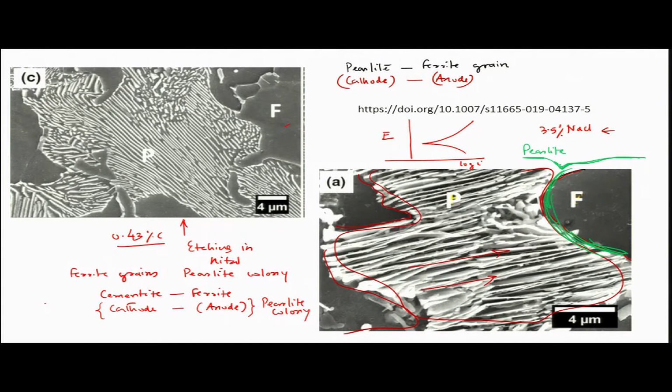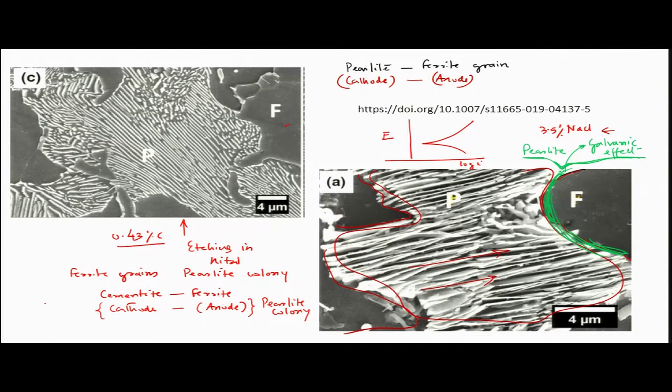Because in this particular region we have galvanic effect. It also relates to the point that we talked about in galvanic corrosion, that the contact point is the most vulnerable region where corrosion of the active metal happens at a rapid rate compared to the place a little away from the galvanic contact point.